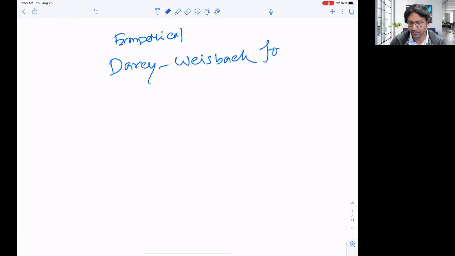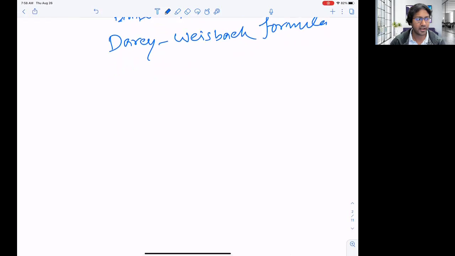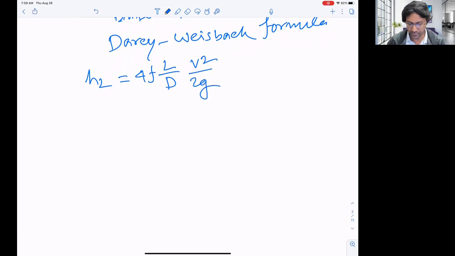The Darcy-Weisbach formula relates friction factor with head loss, with pipe diameter, and the velocity head as well. So head loss is equal to 4f, and then L divided by D, V squared divided by 2g. From the Darcy-Weisbach formula we can see that f is the friction factor. Friction factor is directly proportional to the head loss, right?